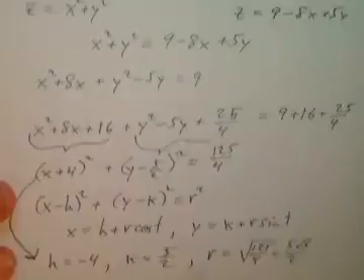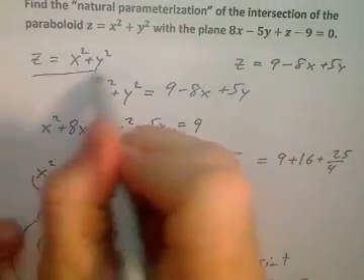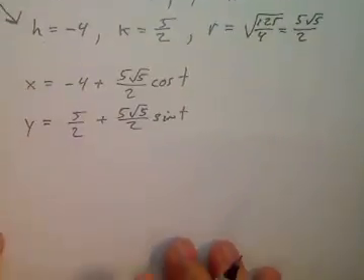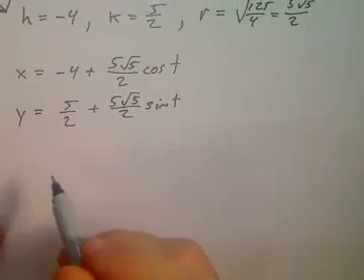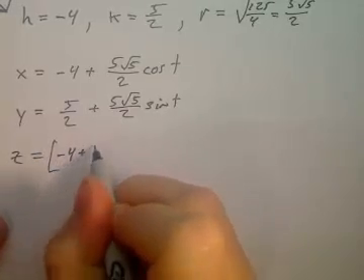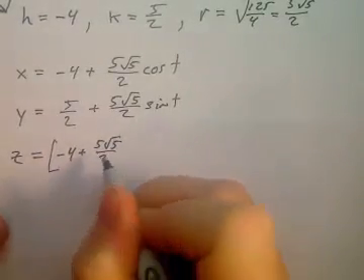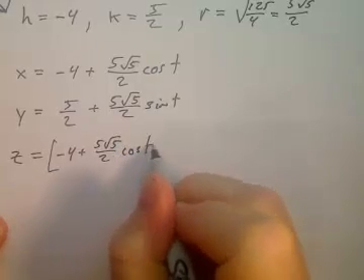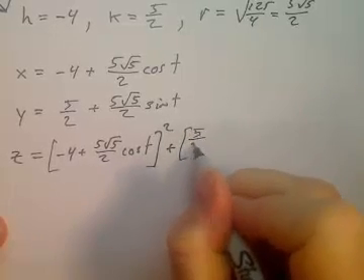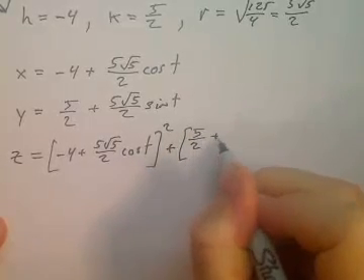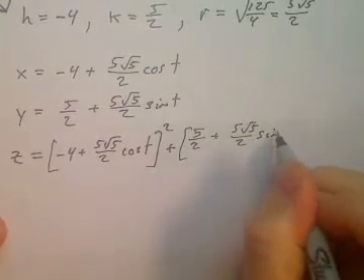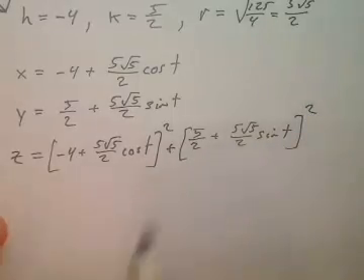And then if we go back up here, z was x squared plus y squared. So I'm going to just have that down here, that my z is going to be negative 4 plus 5 square root of 5 over 2 cosine of t, squared, plus 5 halves plus 5 square root of 5 over 2 sine of t, squared.